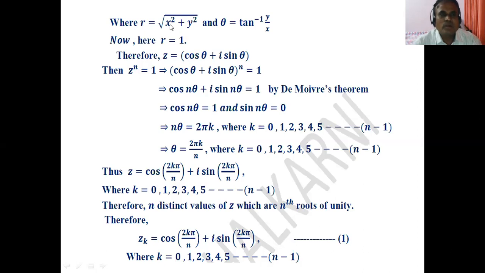Here x equals 1, so 1 square is 1 plus 0 square is 0. So r equals root of 1 plus 0, equal to root 1, and root 1 is 1, and therefore the value of r is equal to 1.